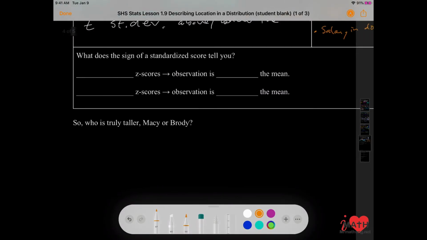So, what does the sign, positive or negative, of a standardized test score tell you? A positive z-score, the observation is above, and a negative z-score is below. Let's give you a visual of this.